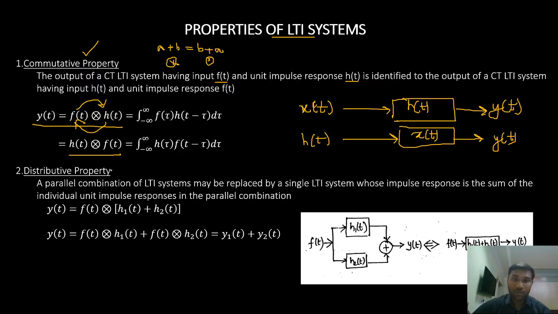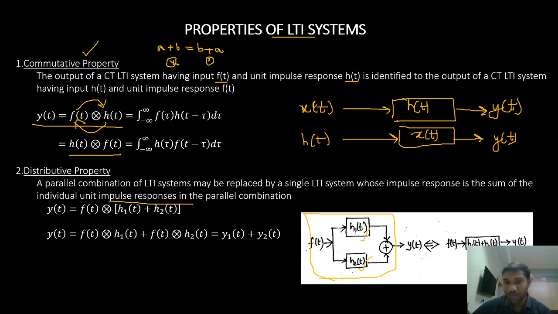Now, the distributive property, a parallel combination of LTI systems. If you look at this, it is a parallel combination of LTI systems. This is one LTI system and this is the other LTI system. A parallel combination of LTI systems can be replaced by a single LTI system with an impulse response equal to the sum of the individual impulse responses.